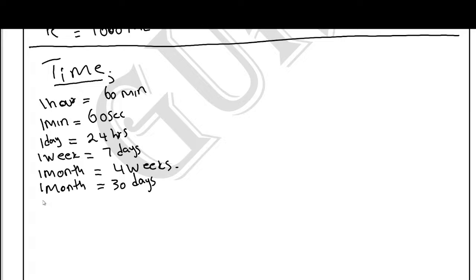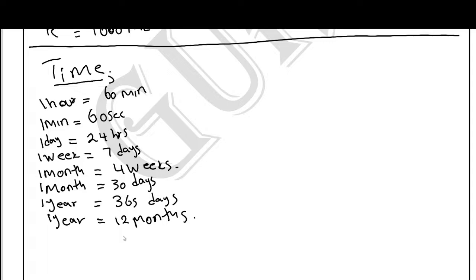We know that 1 year is equal to 365 days. Okay, and we know that 1 year again has 12 months. That's how we're going to convert our time. Okay, so we know this information. No one has to come and tell you this information. You should be knowing this information.